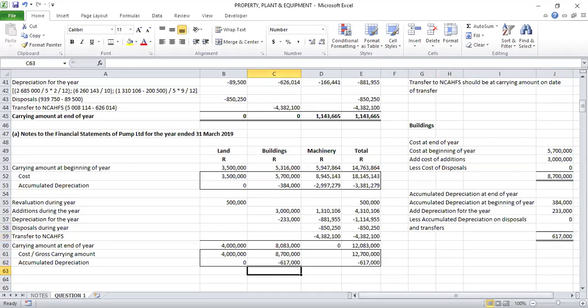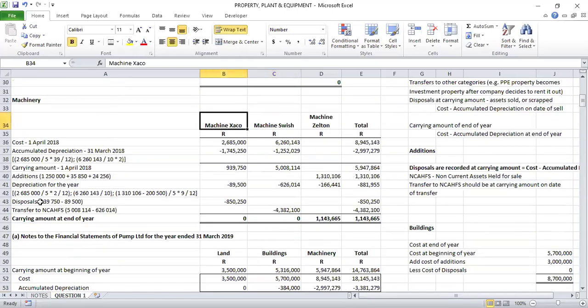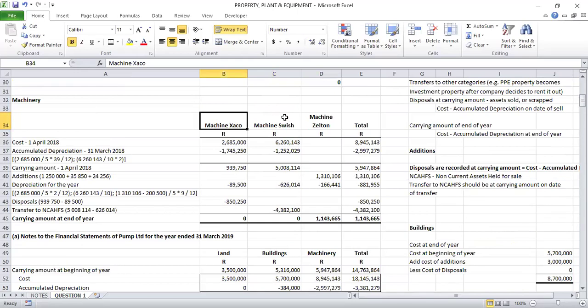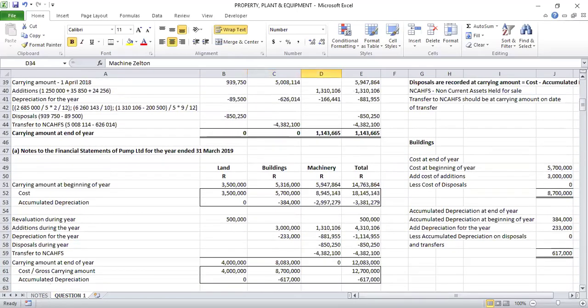Right, on the machinery, to make it easy, remember that machine Shaco was disposed, machine Swish was transferred. So we now only have machine Zelton, of which we can just take its cost, which is equal to 1,310, and its accumulated depreciation, which is 166.